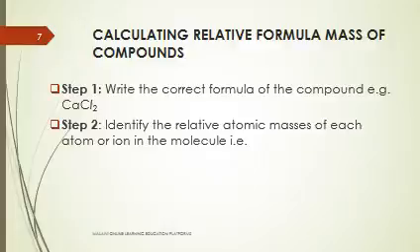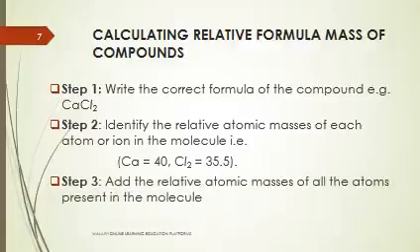Thereafter, we need to identify the relative atomic masses of each atom or ion in the molecule. For calcium we have 40, and for chlorine it is 35.5.